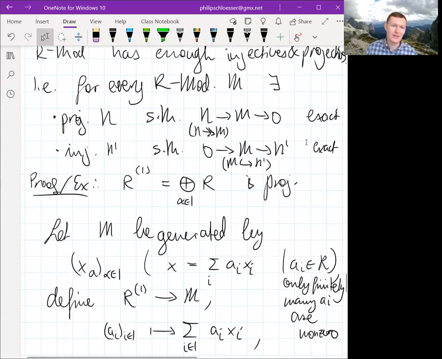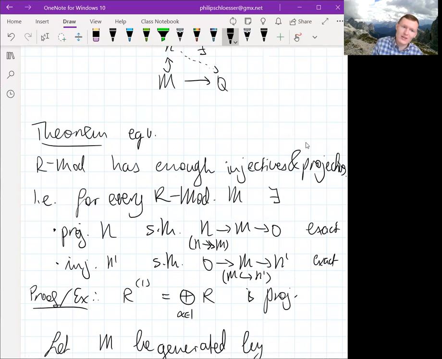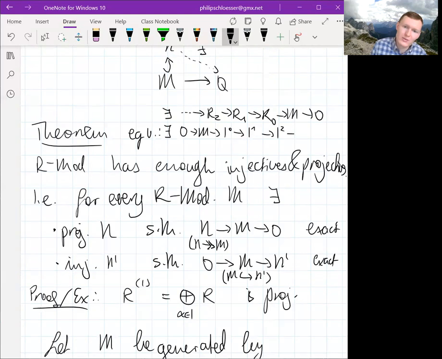The statement that there are enough of them is basically equivalent to saying that there are injective and projective resolutions, because we can apply that statement recursively, and then we get exact sequences ... R2, R1, R0 to M to 0, and conversely 0 to M to I0 to I1 to I2 ... exact, where the Ri are projective and the Ii are injective.